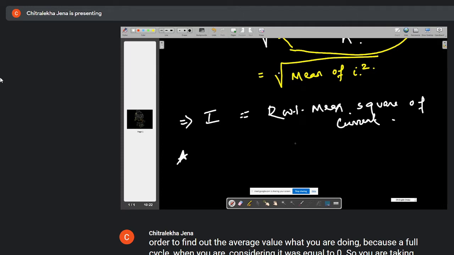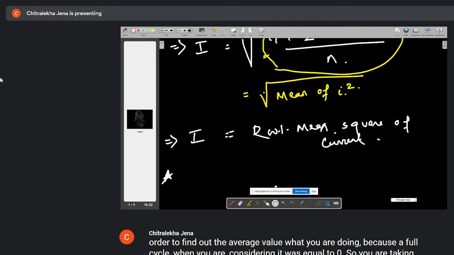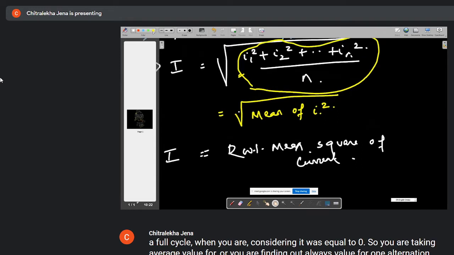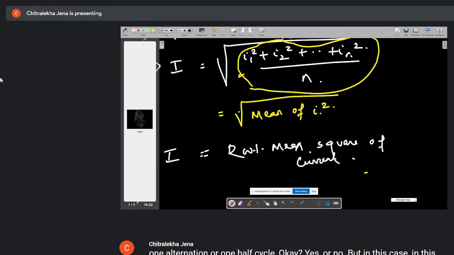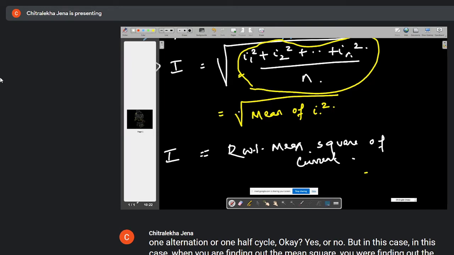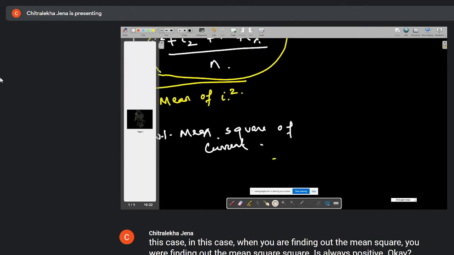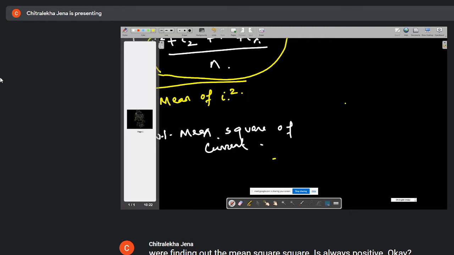But when you are finding the mean square, the square is always positive. A negative square is positive, a positive square is also positive. Yes or no?